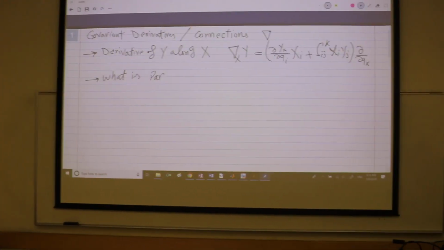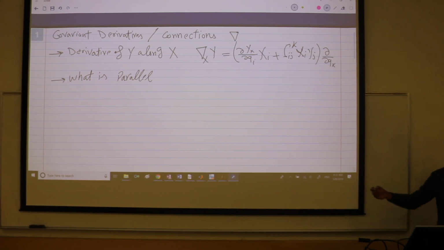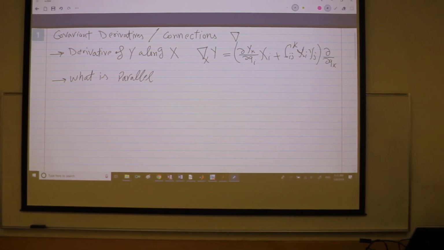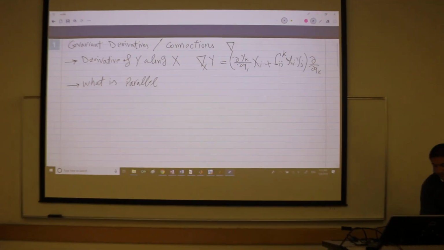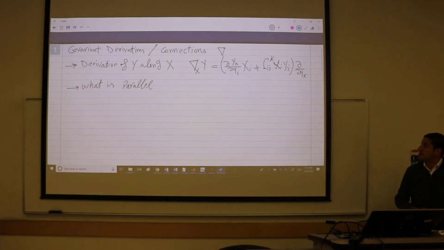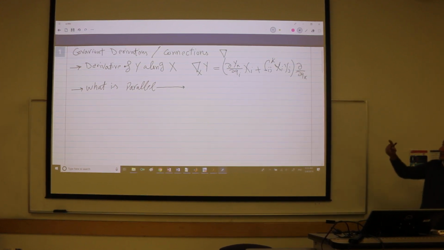What is parallel? How can you say this vector is parallel to that vector on the manifold? We can decide that in the ambient space, but how can you do it on the manifold? So you can do it using this covariant derivative, and actually this was the start.